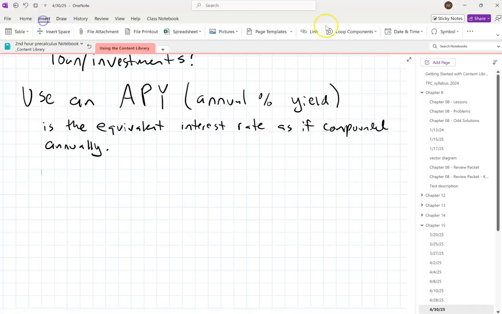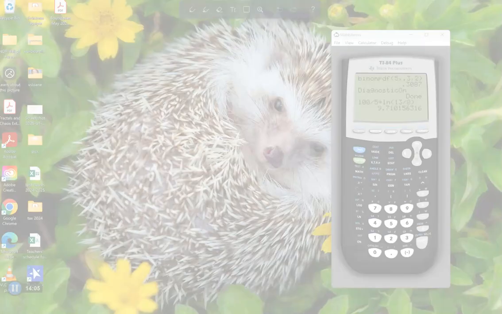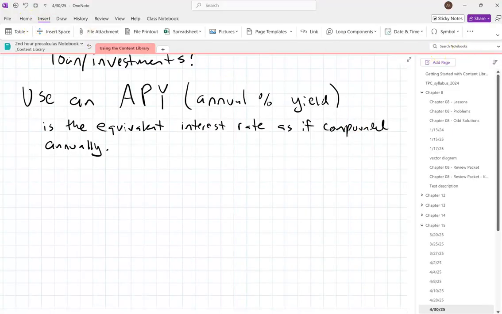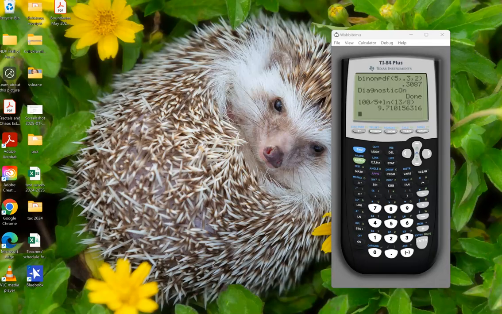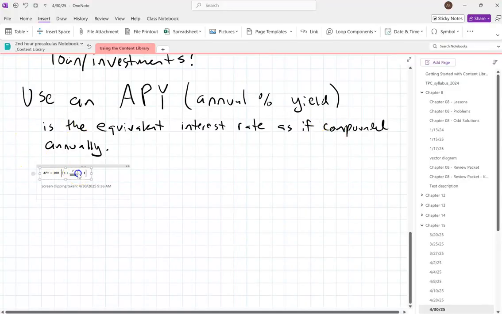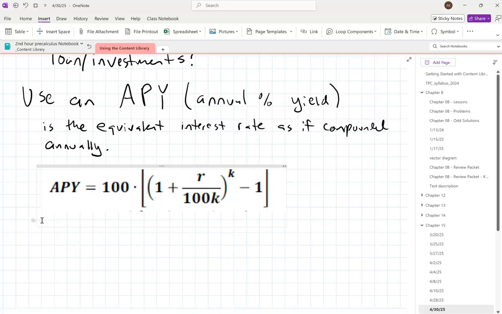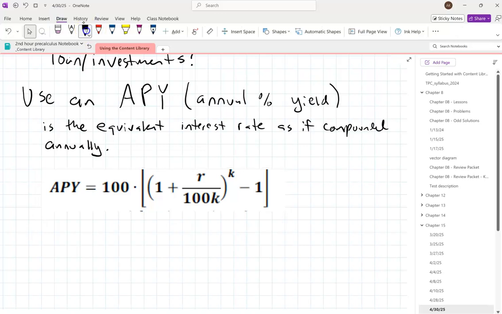So our formula to calculate an APY is the following: 100 times the quantity, 1 plus r over 100k, to the k, minus 1. And again, these are the same r as interest rate and k as number of compounds.